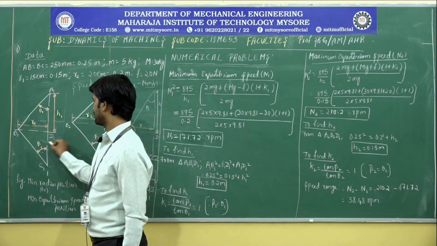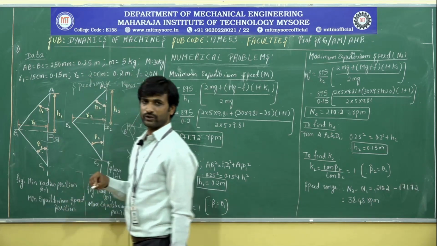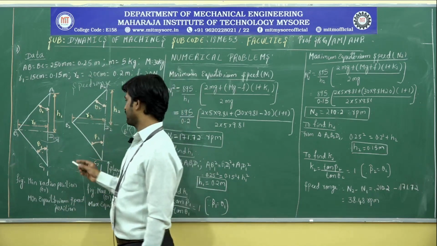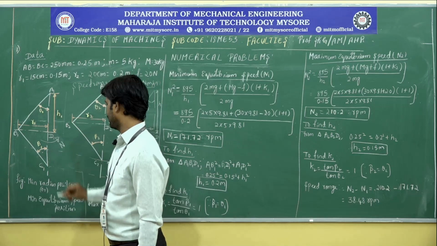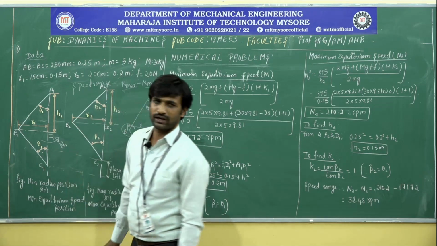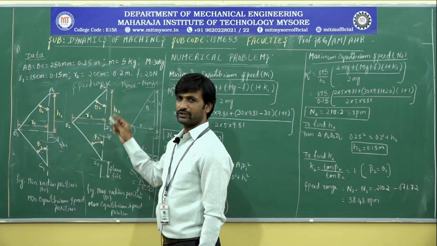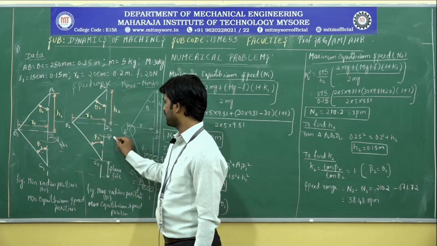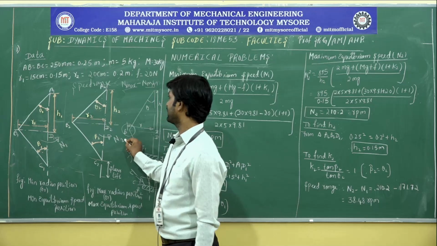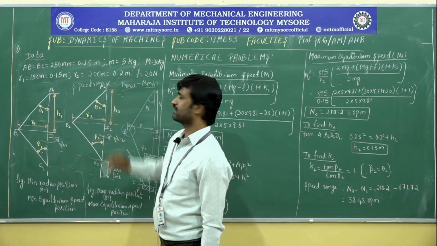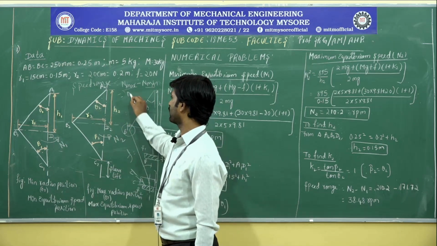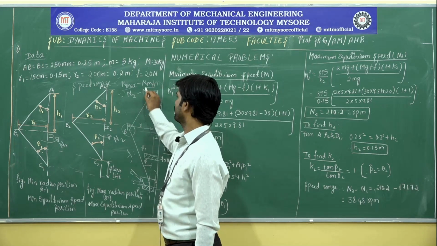The speed with which the governor is going to rotate at the minimum radius position we are going to call N1, and the speed with which the governor is going to rotate at maximum radius position will be taken as N2.